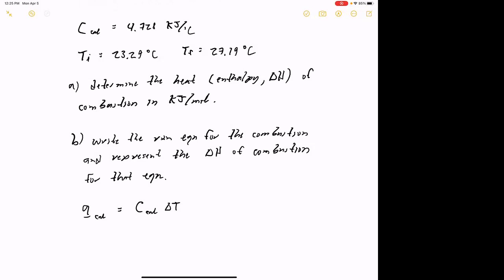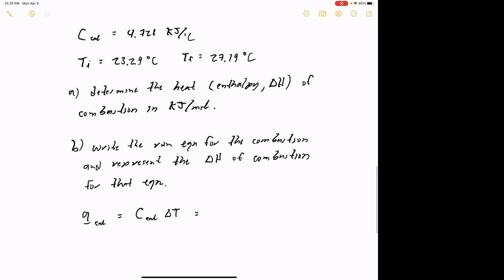All right, so let's go ahead and just plug some numbers in here. So C cal is what, 4.728, and that's kilojoules per degree Celsius. And then you'll see that if I multiply that by the delta T, and I could go up and calculate my delta T upstairs, that turns out to be, I think I have it written, 3.90 degrees Celsius.